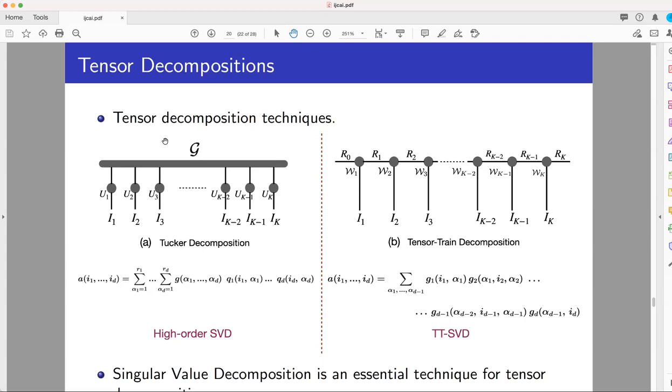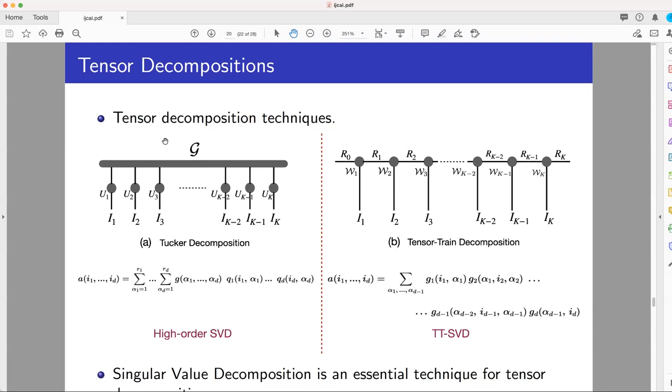Tucker decomposition means that you want to decompose a multidimensional tensor into the summation of the multiplication of matrices. This is commonly used for decomposing a high dimensional vector into smaller factors. Another tensor decomposition commonly used today is the tensor train decomposition.